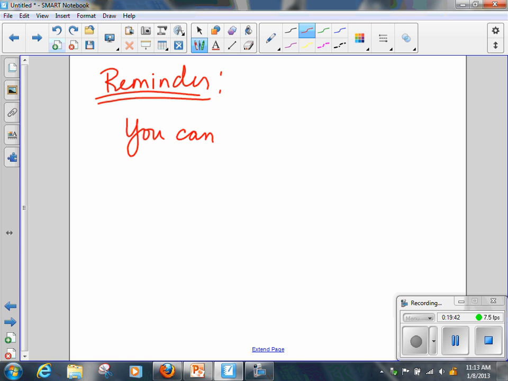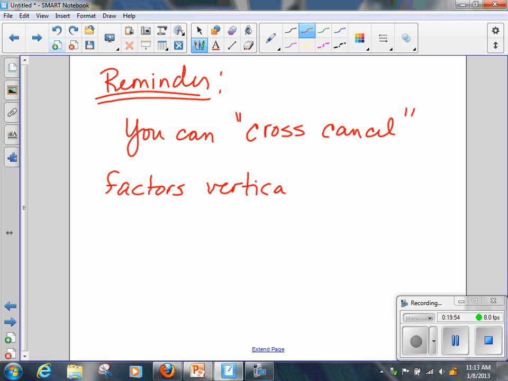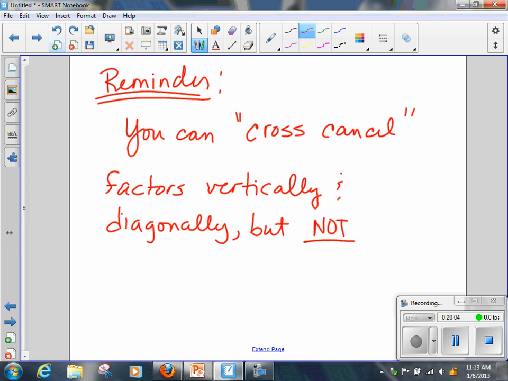You can, and I don't know if that's technical or not, but you can cross-cancel factors vertically and diagonally but not horizontally.